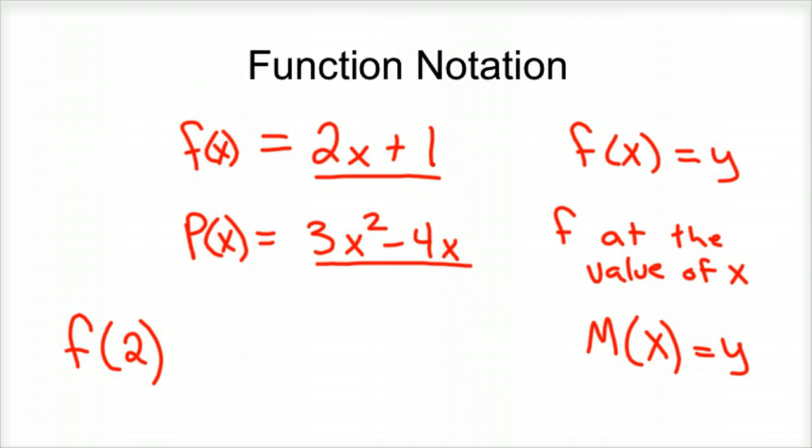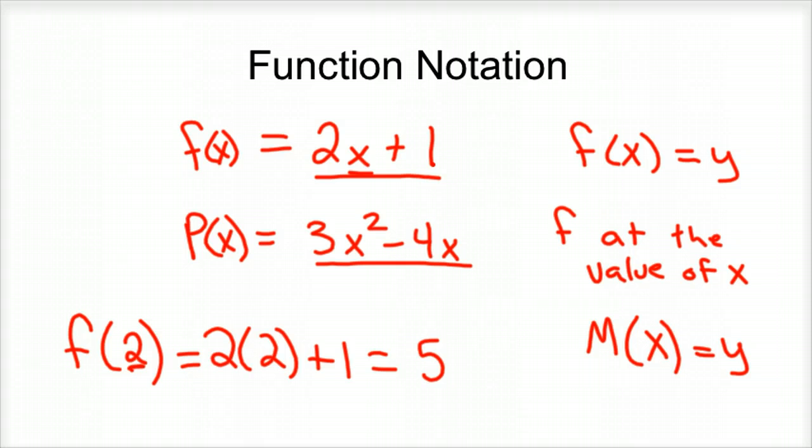I want the value of f when x is 2. So all you do is take the 2 and plug it in for x here. So 2 times 2 plus 1. So that'd be 5. So that's just generally function notation.